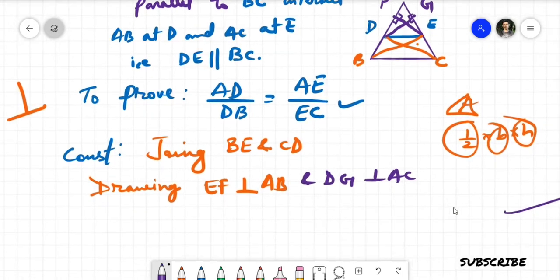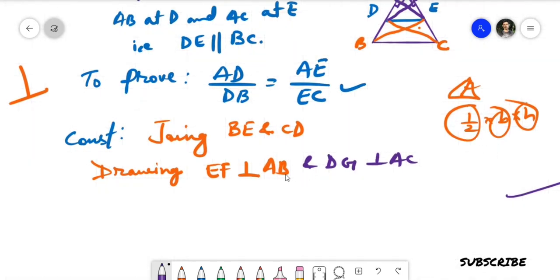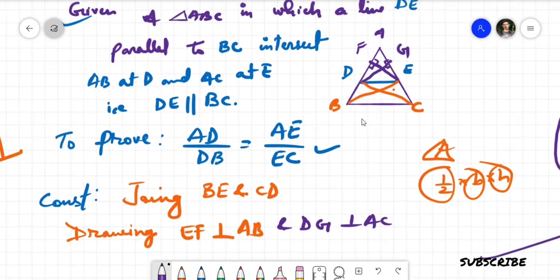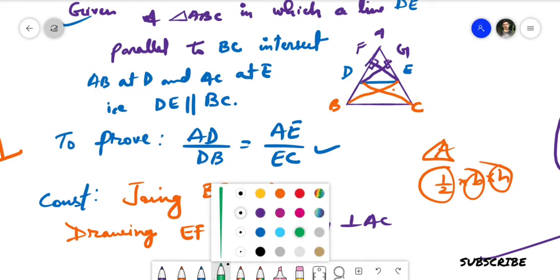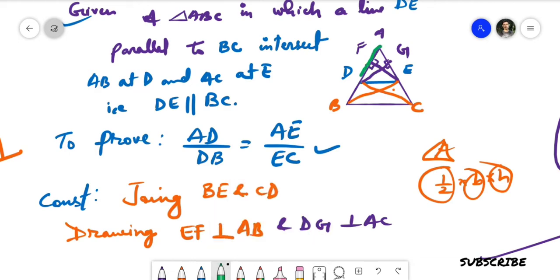After doing this, we got the base also, and now we got the height also. If you see this triangle properly, I'm talking about, it will be messed up, you see properly. Okay, let me change the color. If you see this triangle properly, then we got the height, isn't it? We got this height.